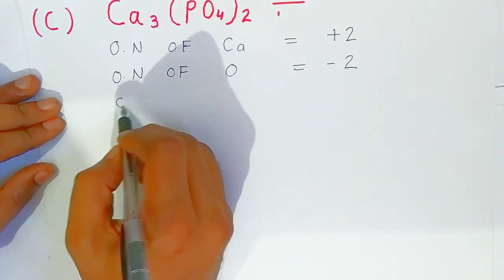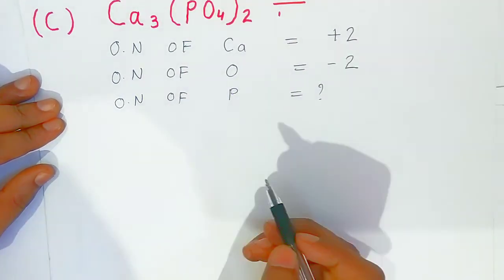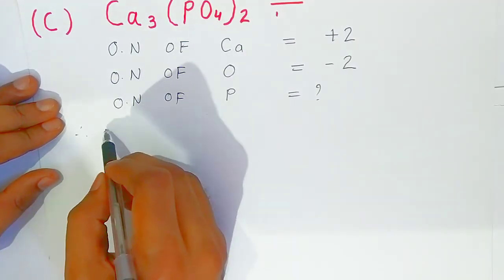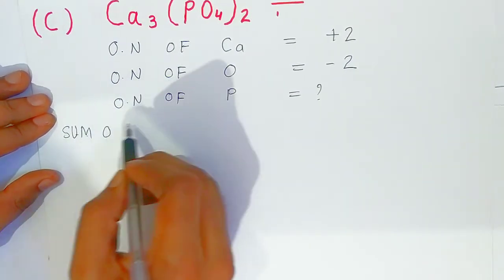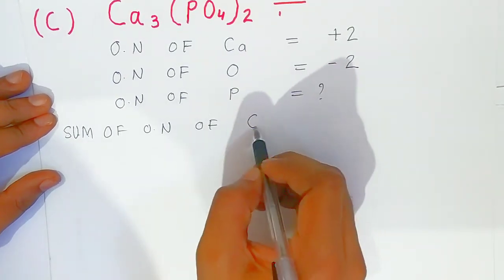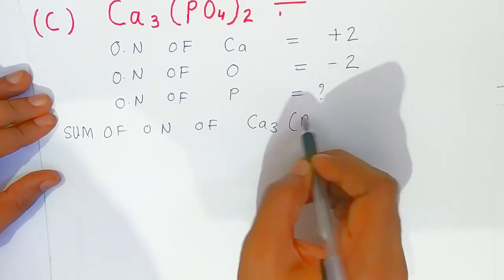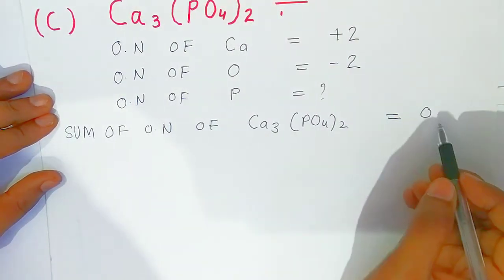Now we have to find the oxidation number of phosphorus. So what will be the oxidation number, students? Same way, students, because you know the sum of oxidation numbers of calcium phosphate is always 0, because there is no charge, so we will take 0.